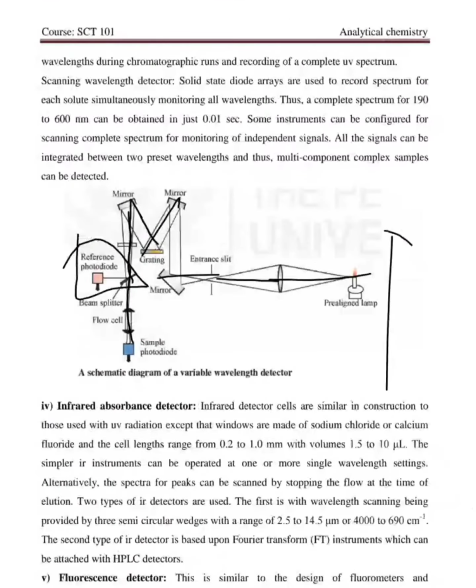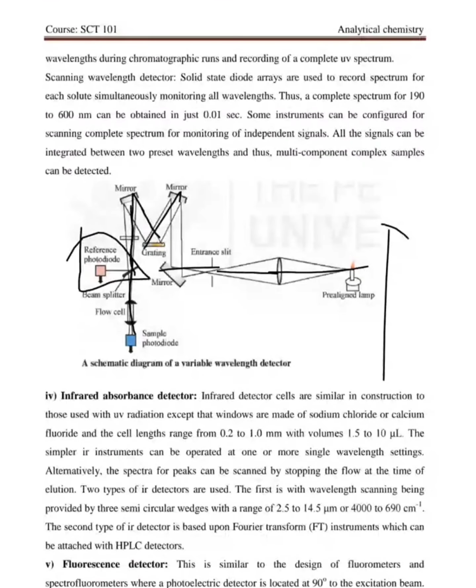Next are the infrared absorbance detectors. Infrared detector cells are constructed similarly to those used for UV radiation. Here also, a volume of 1.5 to 10 microliters can be determined, and different quantities of the sample can be used with different detectors.